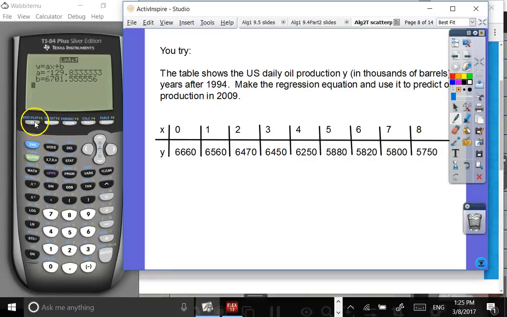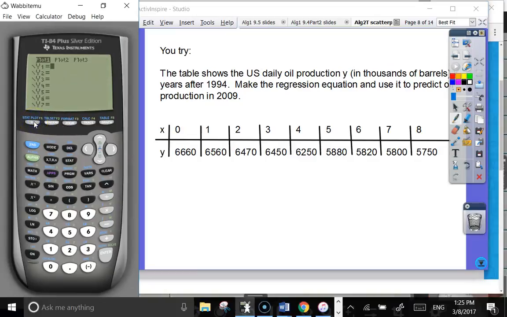But okay, now I'm going to go to the y equals, and I'm going to go VARS 5, EQ 1 for the regression equation. I'm going to hit the graph to see that it goes through those points, and it does pretty well. Right? And so in 2009, what is going to be the value of x?